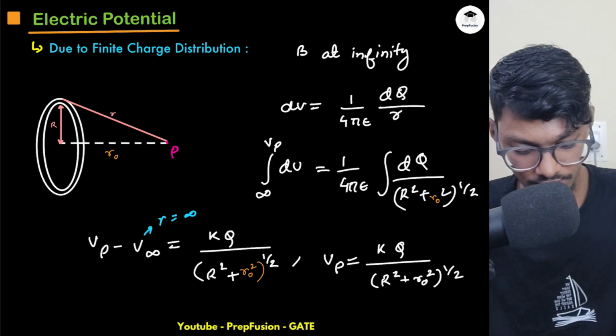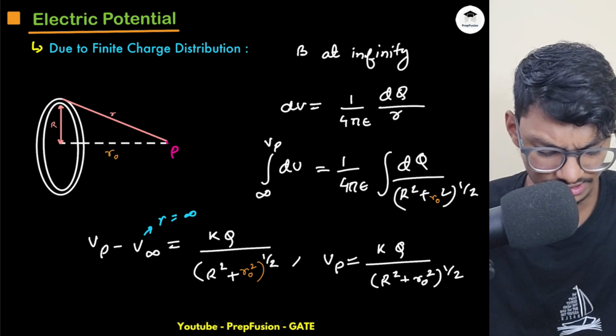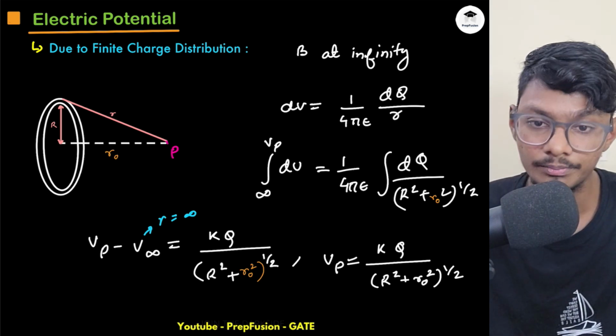So this will be the potential due to a ring charge, and it is the same expression as a point charge, just the distance changes.